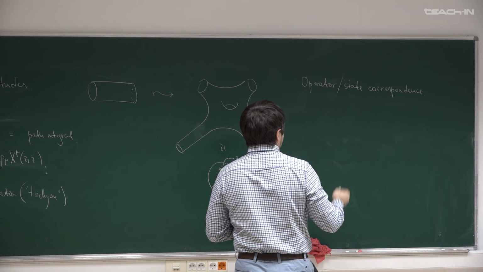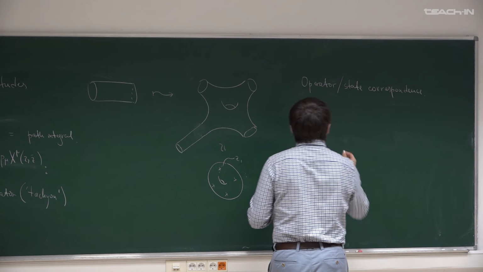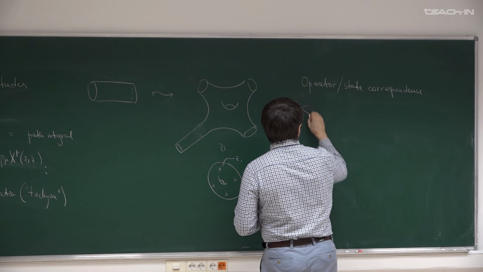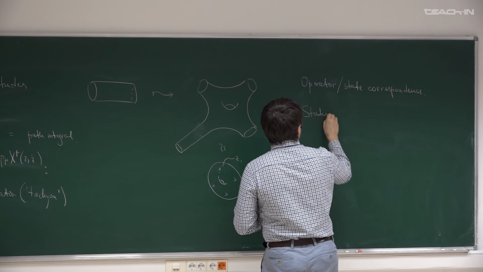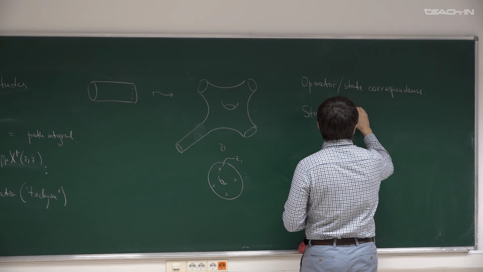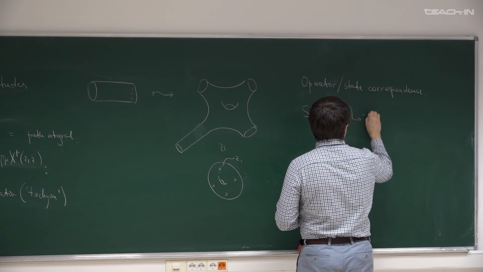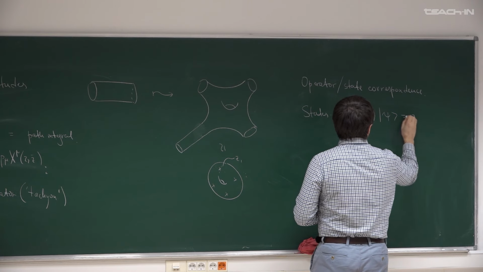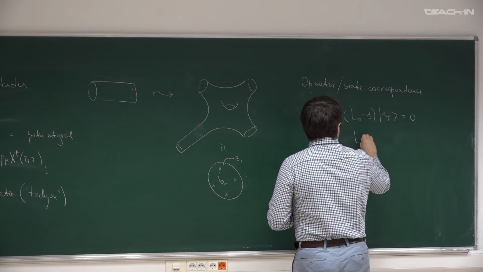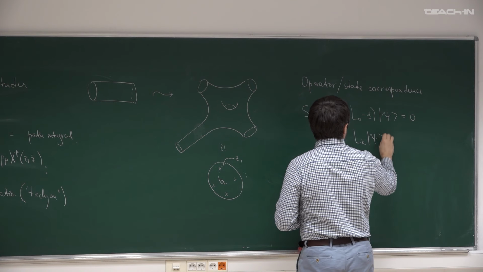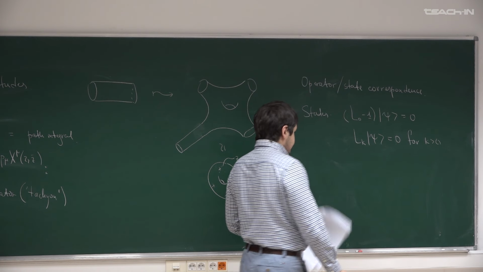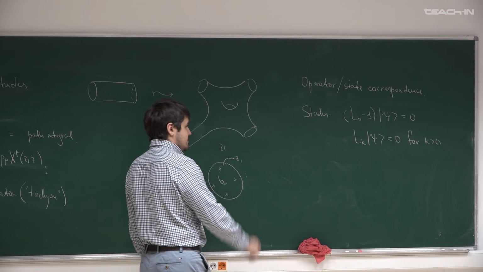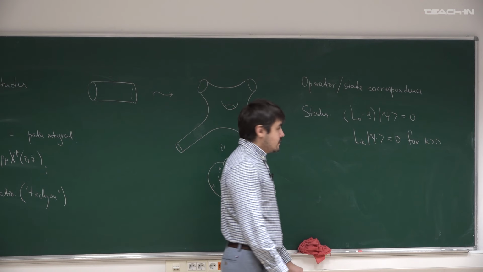On the one hand we had our states, which were characterized by the fact that, remember, (L_0 minus 1) acting on your state psi is zero, and L_k psi, for k greater than 0, is zero, modulo some states that have zero norm.